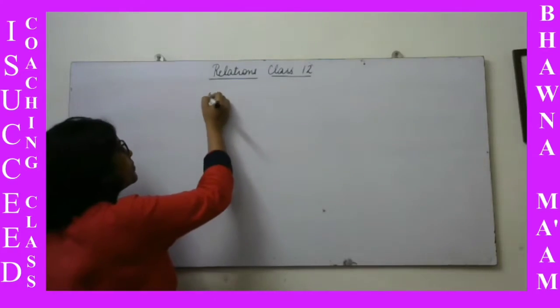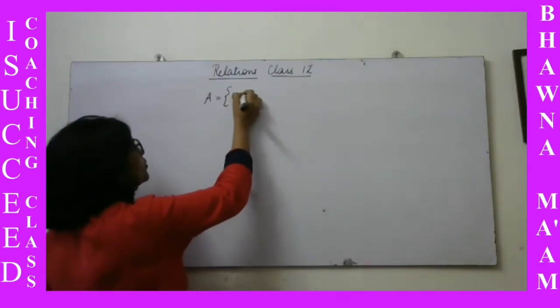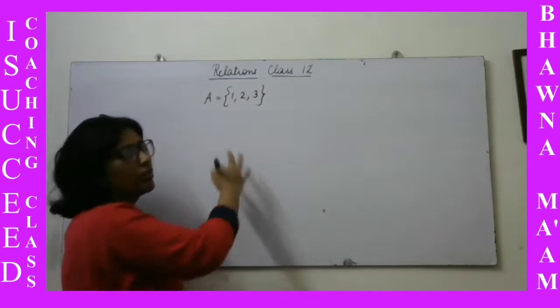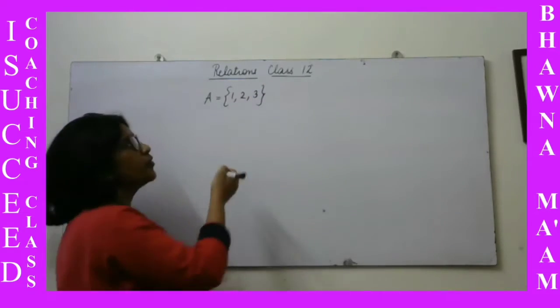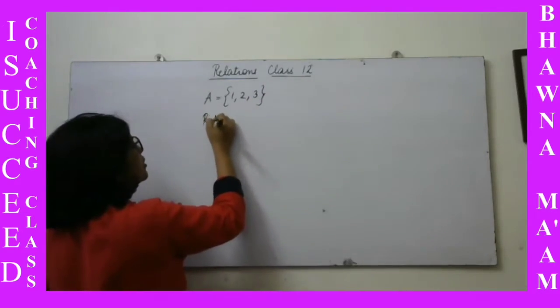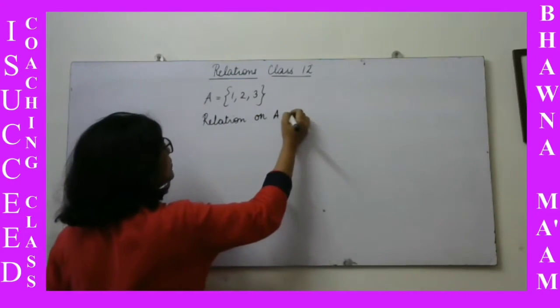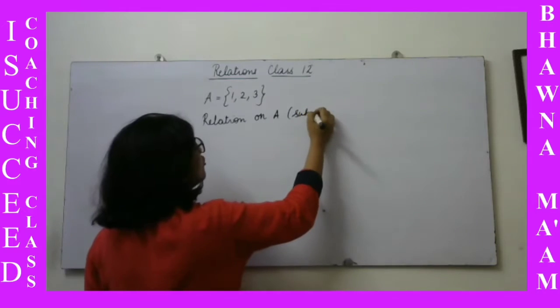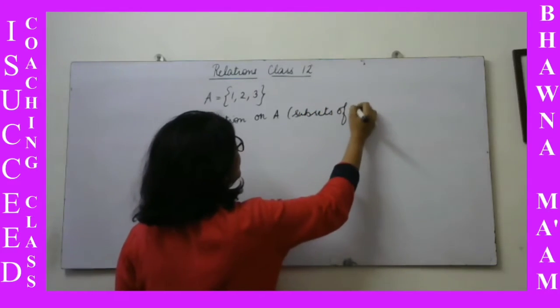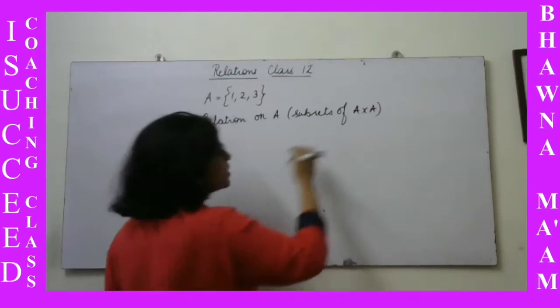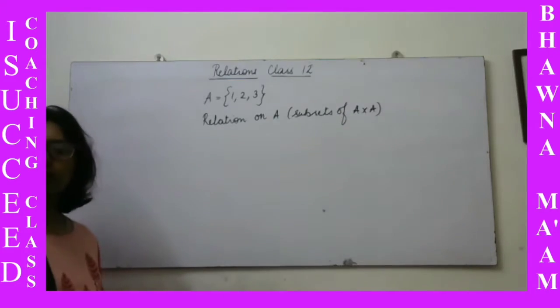Now let us take up set A as, say, {1, 2, 3}. Now instead of defining on A cross B, we will define relation on A. By relation on A, I mean subsets of A cross A. Earlier we took A cross B, now we'll take the same set.